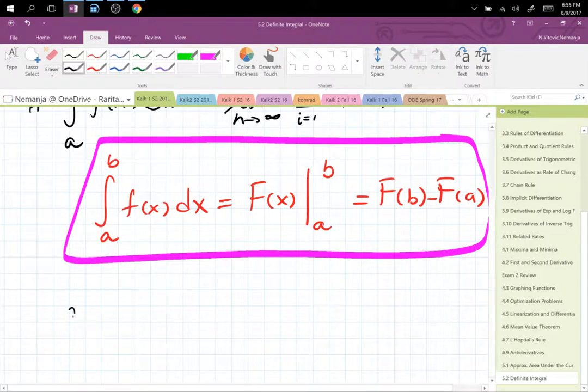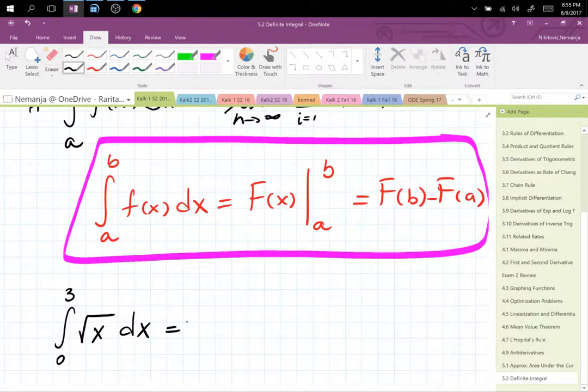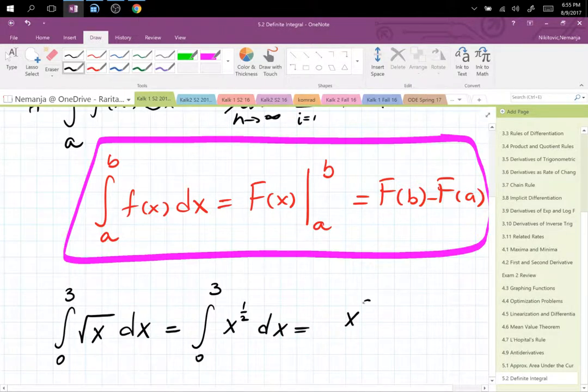Example: integral from 0 to 3 of square root of x dx. You are going to solve the integration part in the same way you solved integration in 4.9. We are going to rewrite this problem as x to the 1/2. We use the formula x to the 3/2 divided by 3/2.